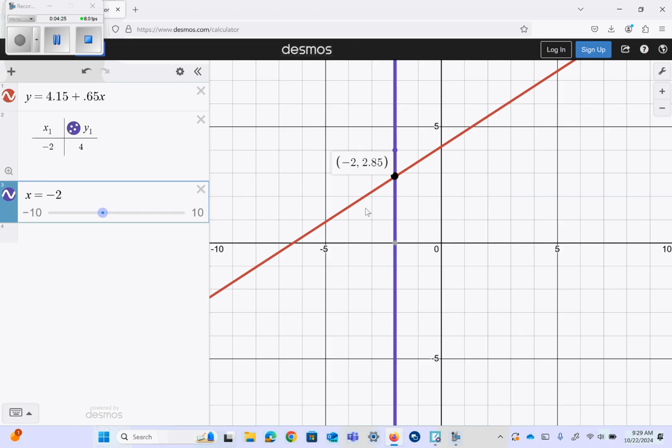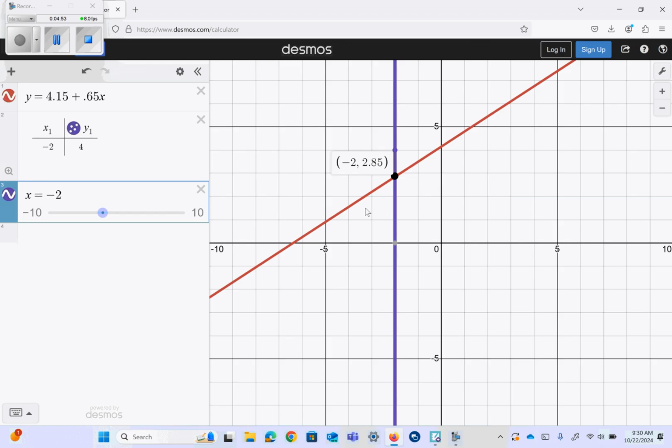If you look back in your notes, the residual says it's the observed y minus the predicted y. So the observed y is this point here, negative 2, 4. The predicted y is the one that actually falls exactly on the line.